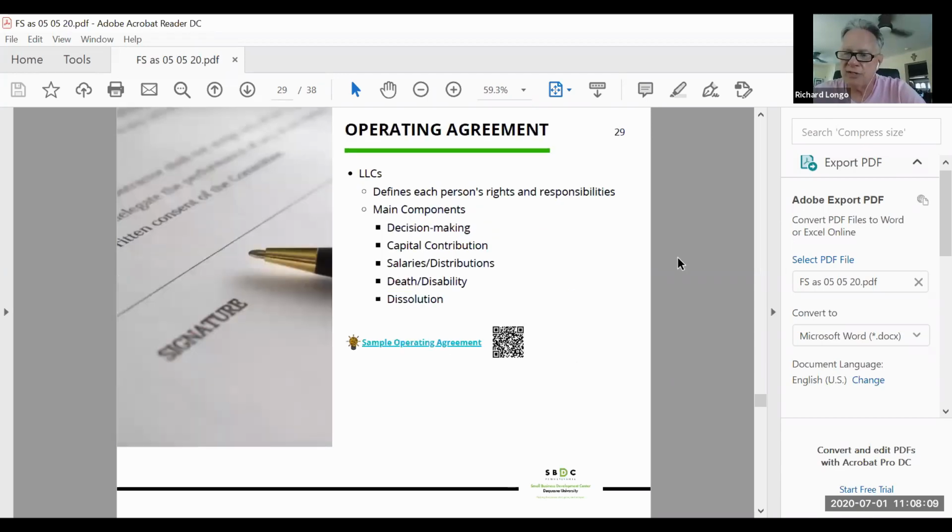In an LLC, the governing document is called an operating agreement.